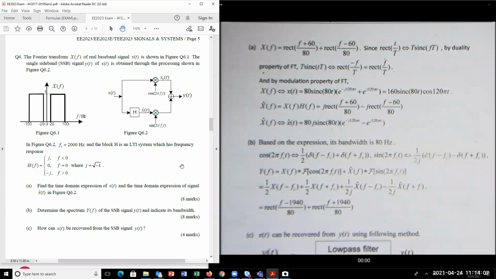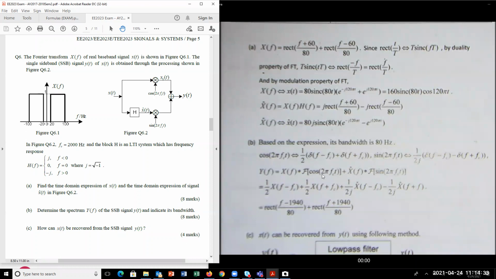Then next thing is, we now have YF. YF, as you can see, is XF convolved with cosine on the top. This is my X1 just now. X2 is X hat convolved with the sine. Multiplying by sine t in the time domain is convolution in the frequency domain.